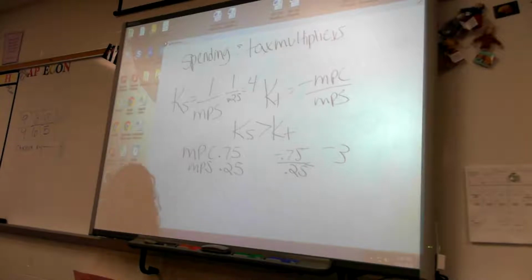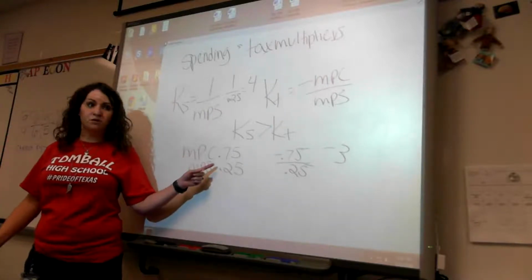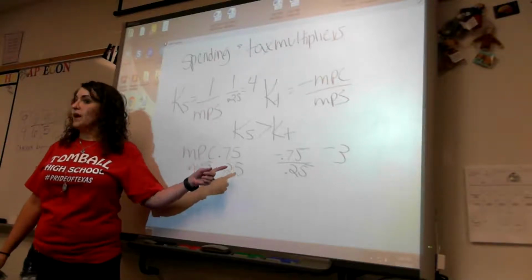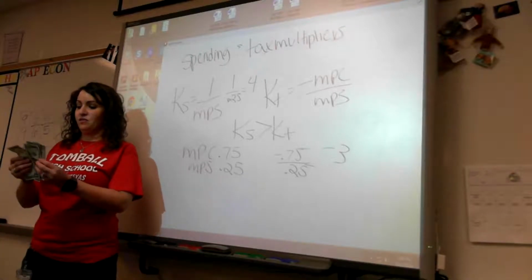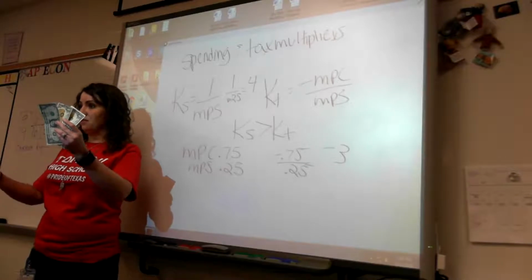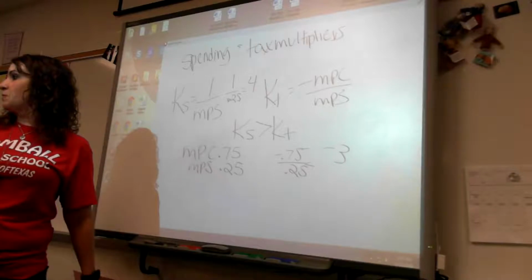But if you guys get $4 in taxes back, you're like, well, they'll spend it. No, they won't. Not all of it. They will spend 75% of it and save 25% of it. They will spend 3/4 and save 1 from their tax return. That's what they'll spend.